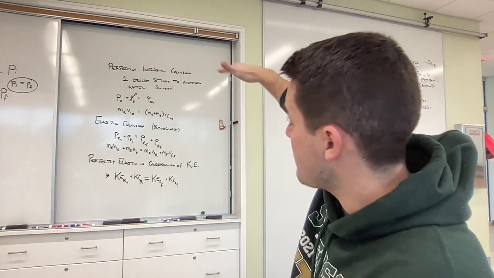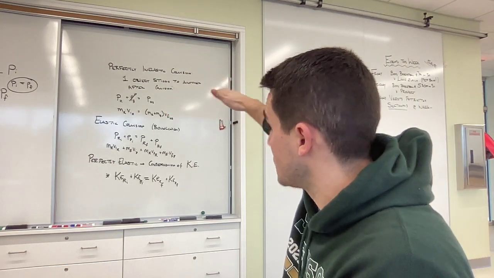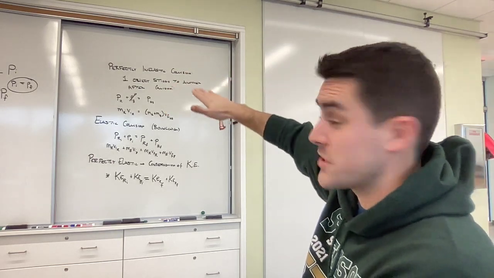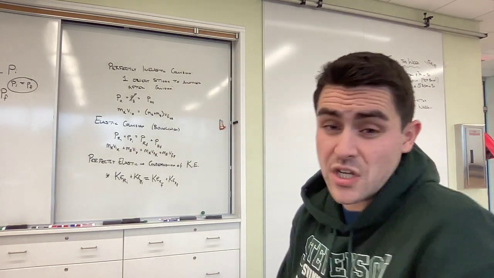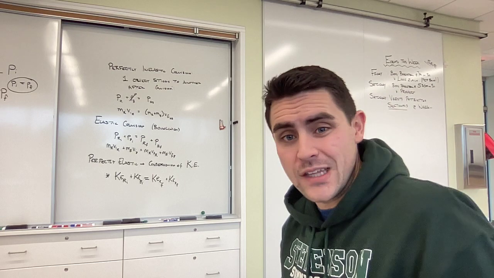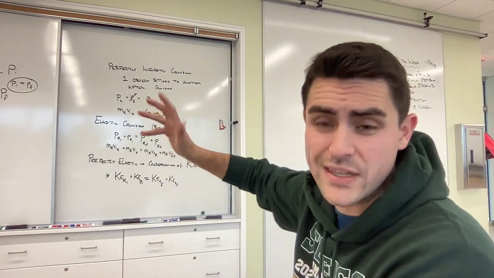So, I've got my perfectly inelastic collisions. Perfectly inelastic collisions, things collide, they stick, and I end up with this equation. Then there are not perfectly elastic collisions, where we have this continuum of elasticity, right?